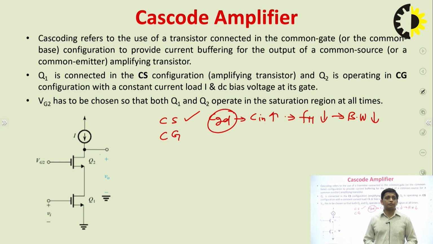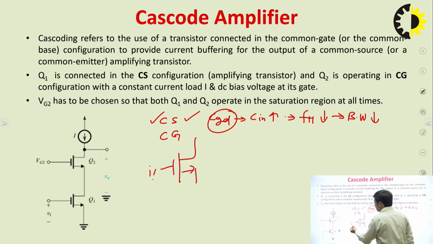Bandwidth is very limited for common source amplifier. That is the limitation of common source amplifier. But there are some advantages of common source amplifier. The first advantage is its input resistance is high. The reason is, in common source amplifier we apply the input signal at the gate terminal, right?